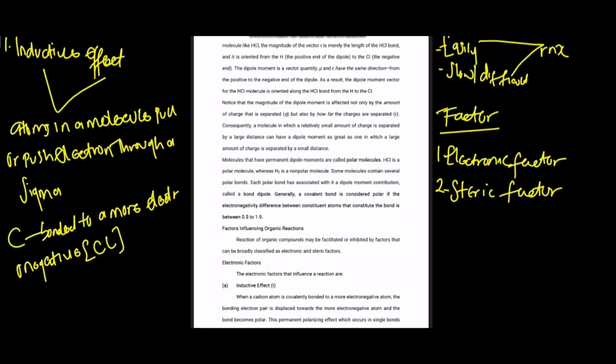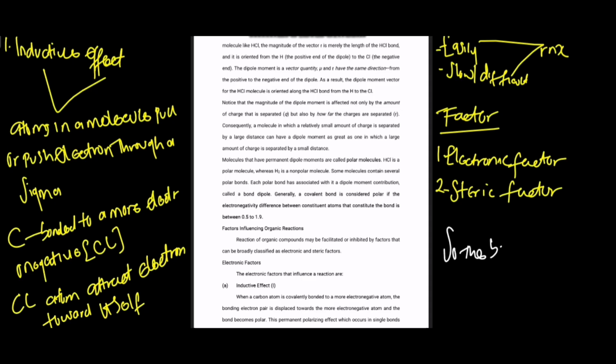When carbon is bonded to a more electronegative atom like chlorine, the chlorine atom attracts the shared electron toward itself. So the bond becomes unequal.